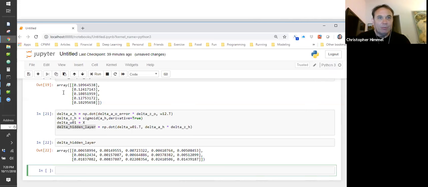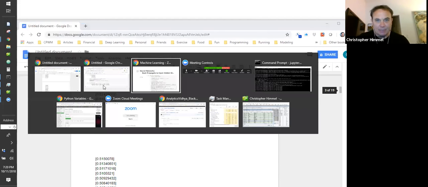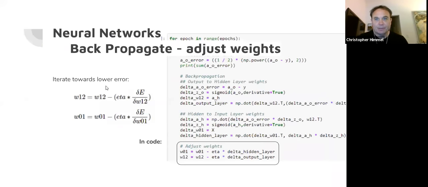All right, so now what we're going to do is update our weights. That's the next step in our process. So what we said was this partial is how much the error would change if we change the weight this much. So why don't we change the weight a little bit the other way to reduce the error, and we're going to change it 3 times as much.